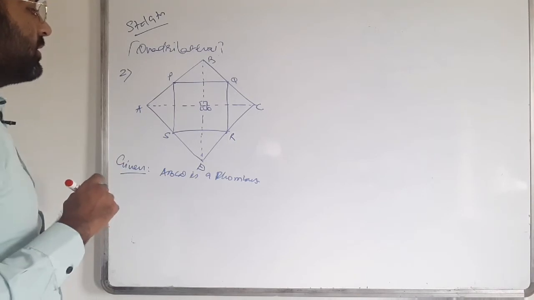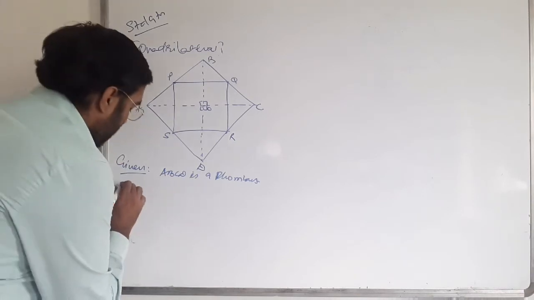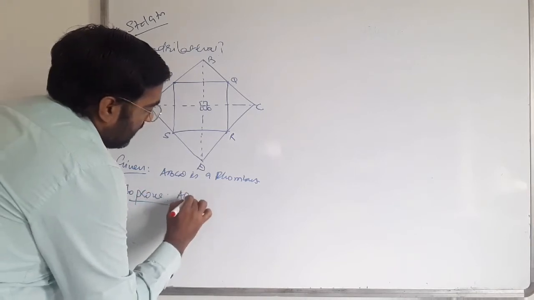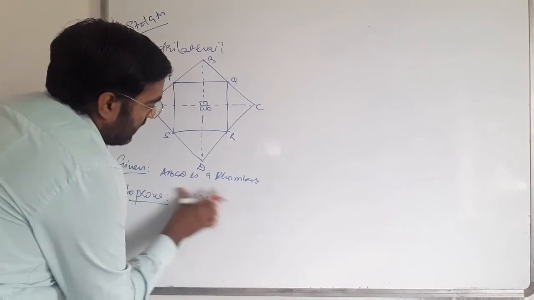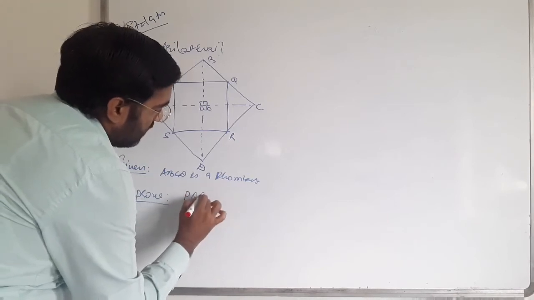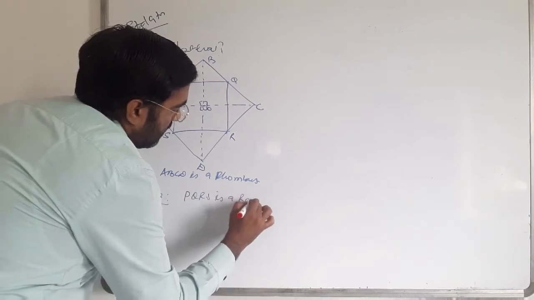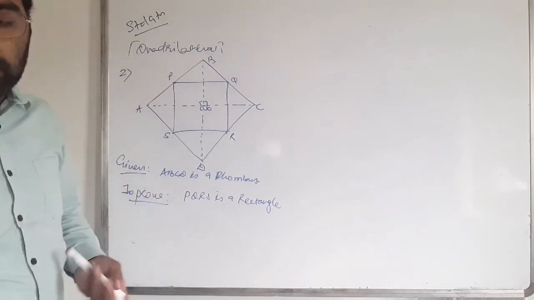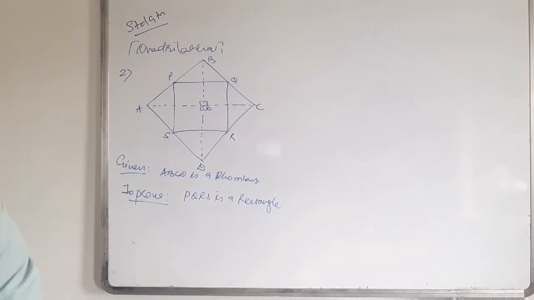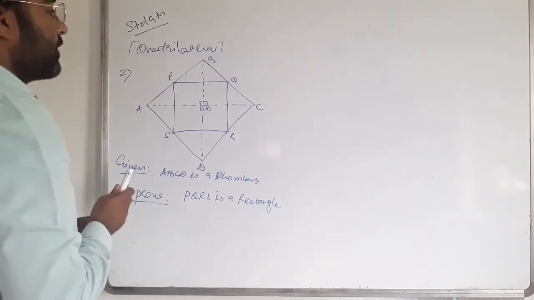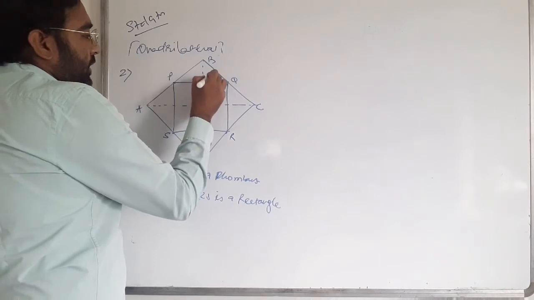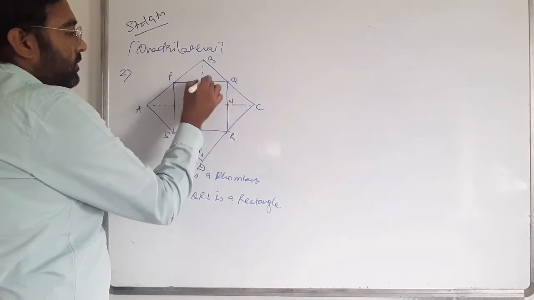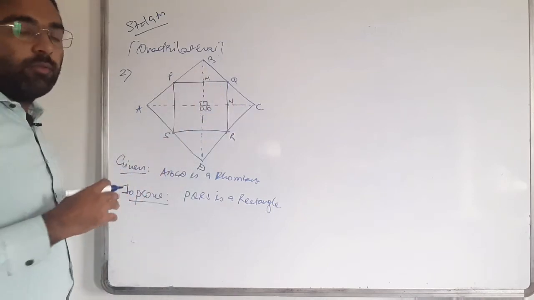I'll name that point O. Now to prove that, sorry, not ABCD but PQRS is a rectangle. First of all I'll give the intersection points, here M and here N. So let's start to prove.